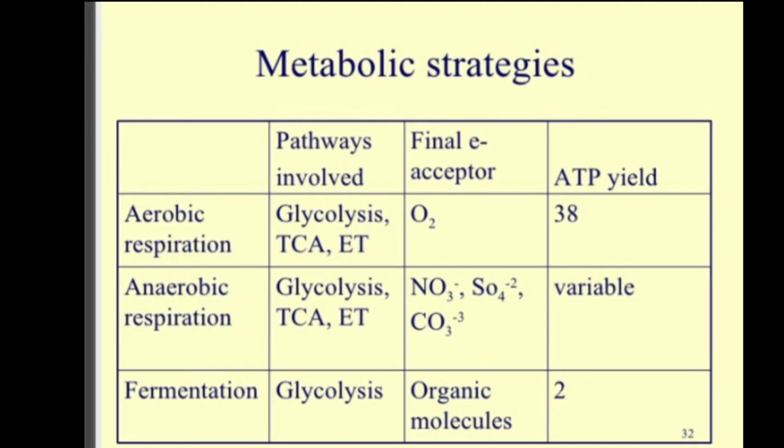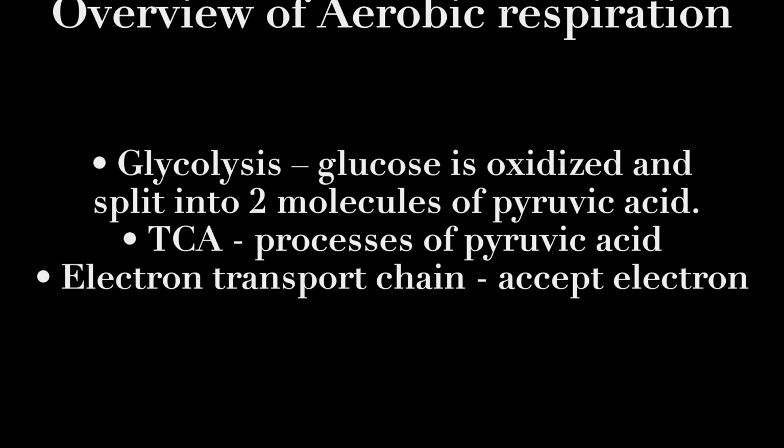In glycolysis, a 6-carbon glucose is oxidized and split into two molecules of 3-carbon pyruvic acid. The TCA cycle processes pyruvic acid and generates carbon dioxide molecules. The electron transport chain accepts electrons from NADH and FADH and generates energy through sequential redox reactions called oxidative phosphorylation.